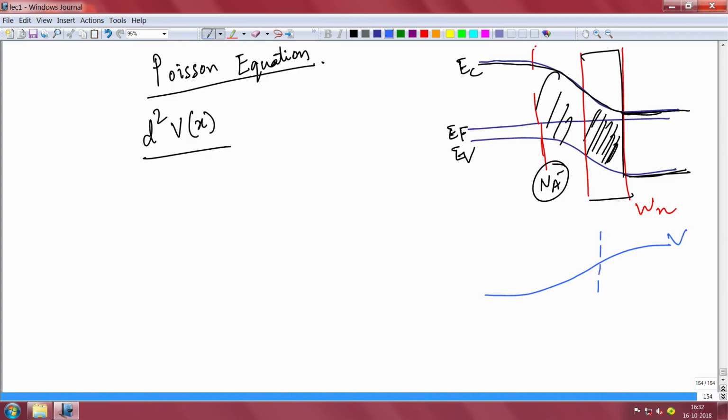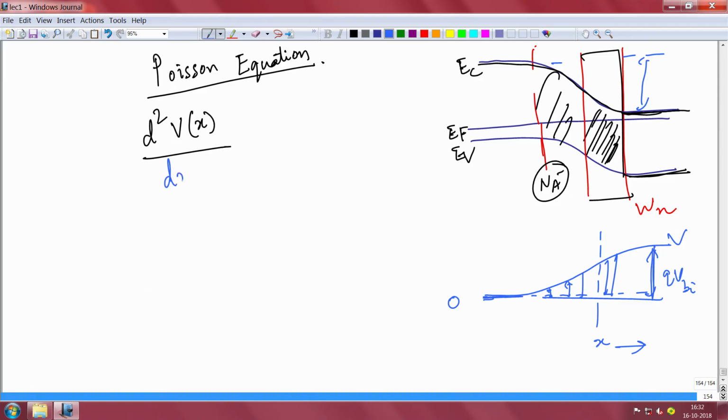So, suppose this was the 0 point, and if I take this reference as the 0 potential, then there is a potential drop that is changing as a function of x, right. As a function of x, the potential is changing, you see this, but this total potential drop that has happened is actually q VBI that we know, okay, because that is only this. It is just that it is a mirror image, because electron energy is negative of potential. Anyways, so here we are talking about potential.